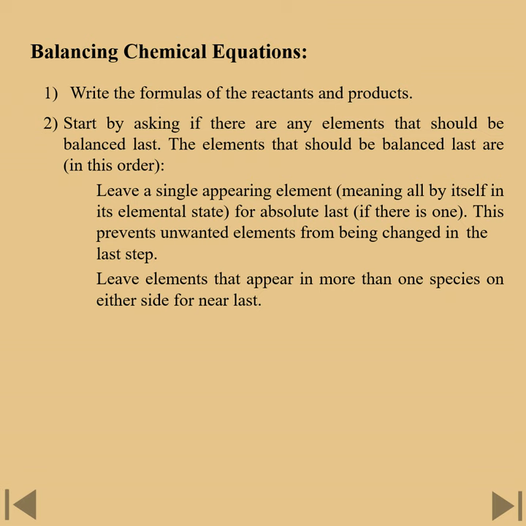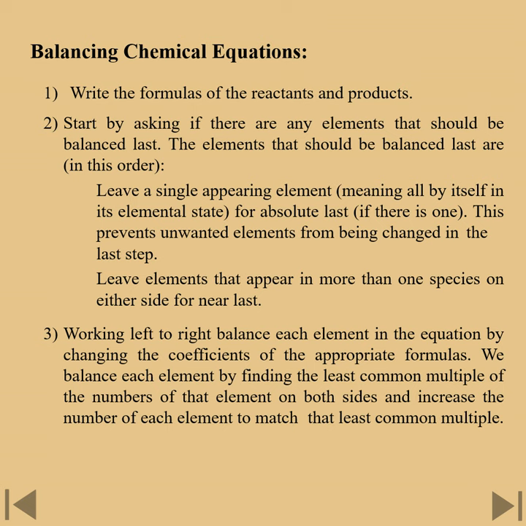So we want to leave a single appearing element for last. We also want to leave any elements that appear in more than one species, meaning one reactant or product, for last. And then, going back and forth, we change the coefficients, the numbers out in front, in order to achieve our balance.